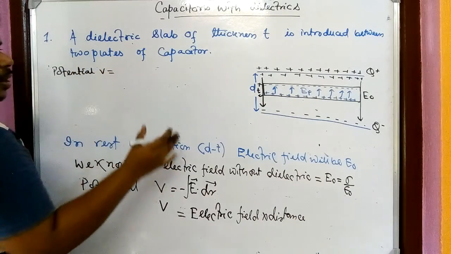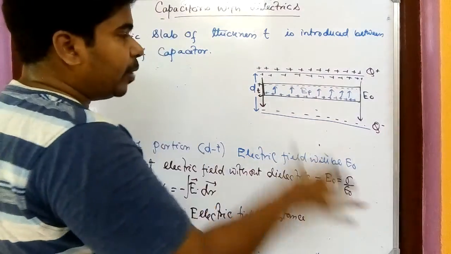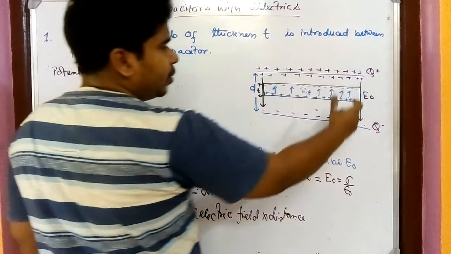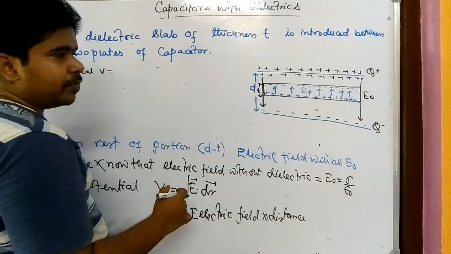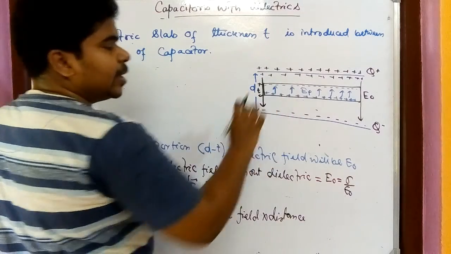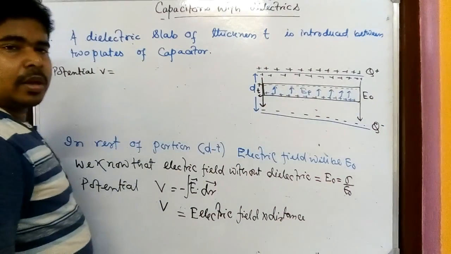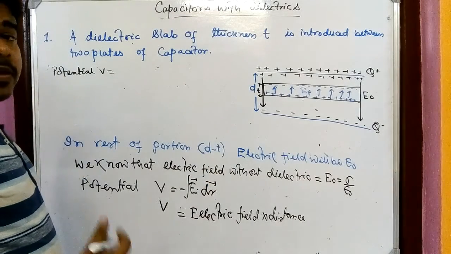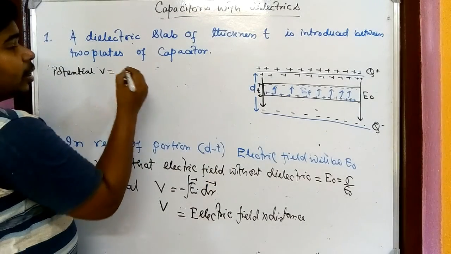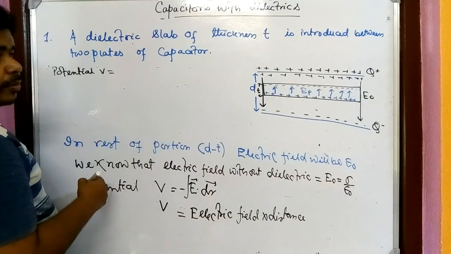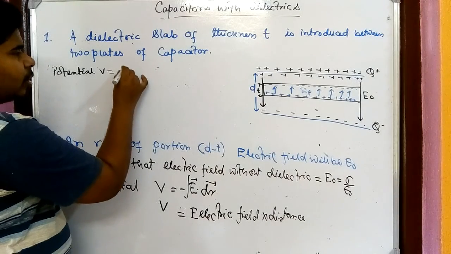V equals, see here two types of electric field are acting. One is in the D minus T zone, and another is in the T zone. T zone means where the slab is introduced, and the other is where no slab is introduced. So in the D minus T zone, the electric field is E naught.